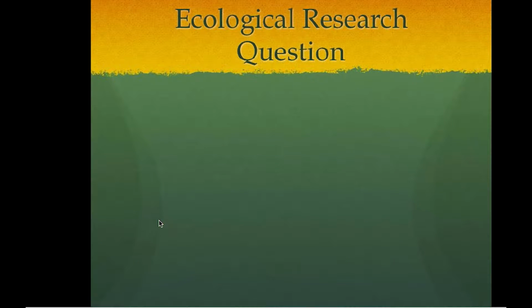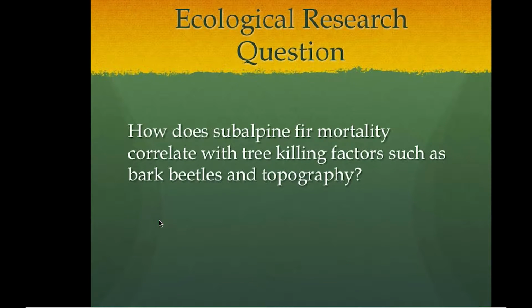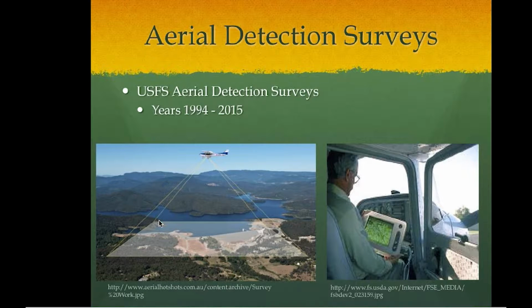So ecologically, we have a research question. How is subalpine fir mortality correlated with tree-killing agent factors such as bark beetle and topography across space? We try to answer this using aerial detection surveys from the United States Forest Service from years 1994 to 2015.